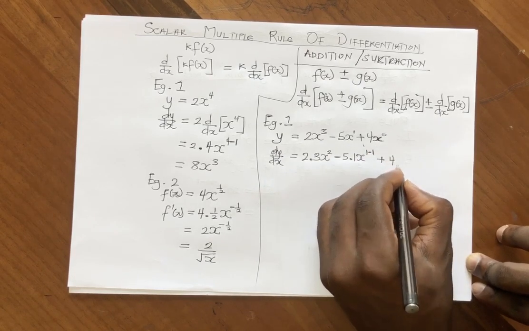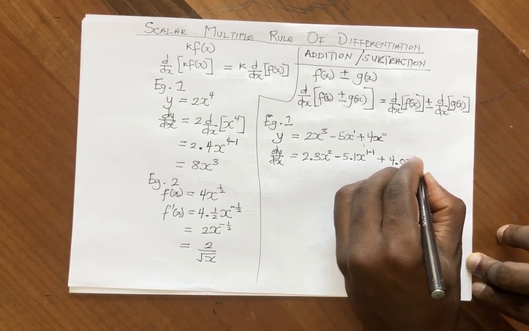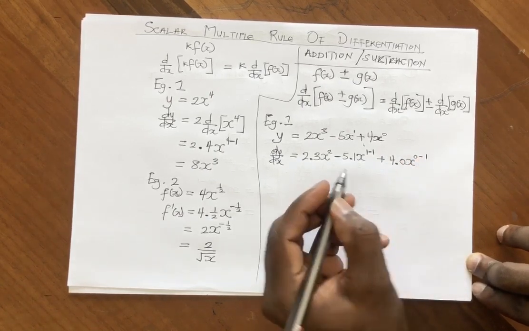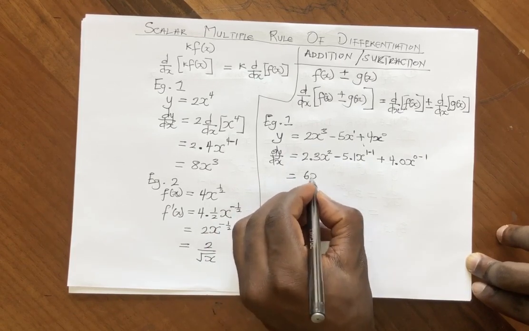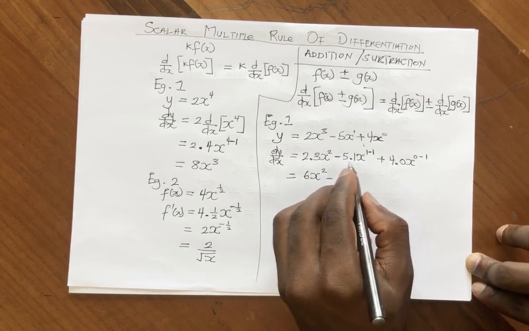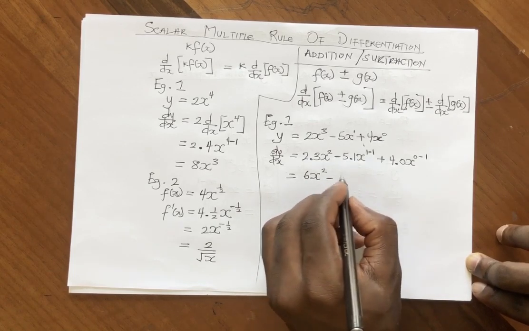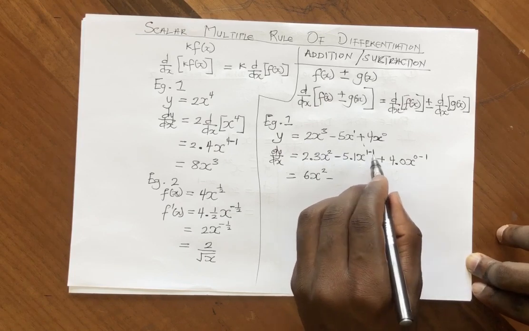You have your 4 times the 0, then x, 0 minus 1. So this will give us 6x squared, then 5 times 1 is 5, and x raised to the power 1 minus 1 is x raised to the power 0.